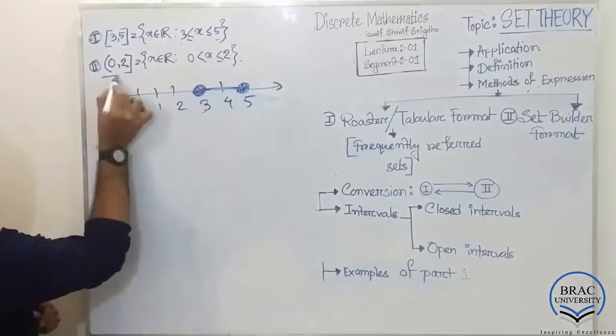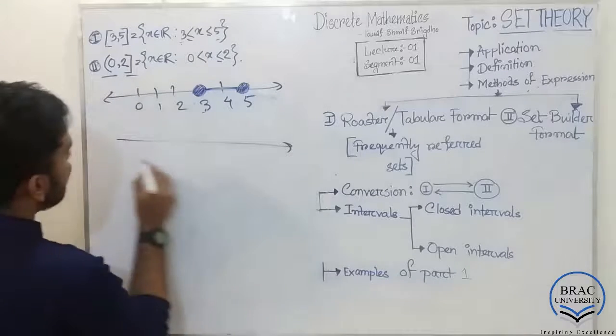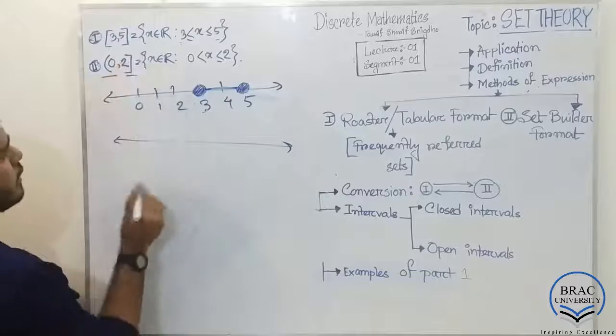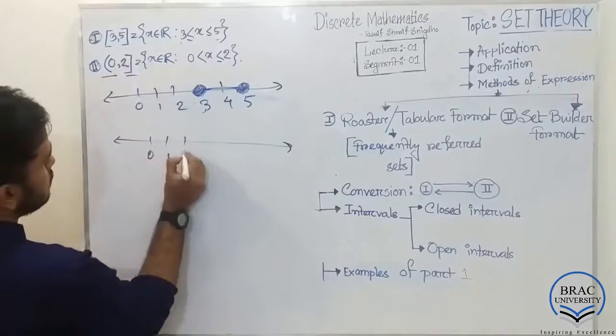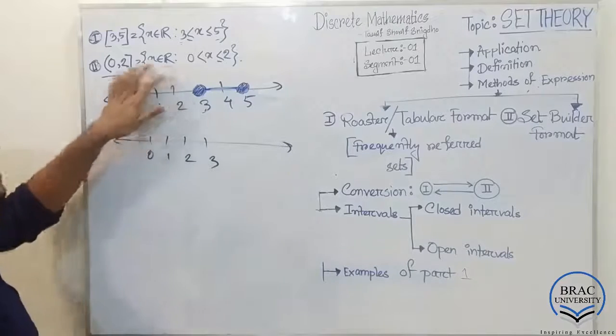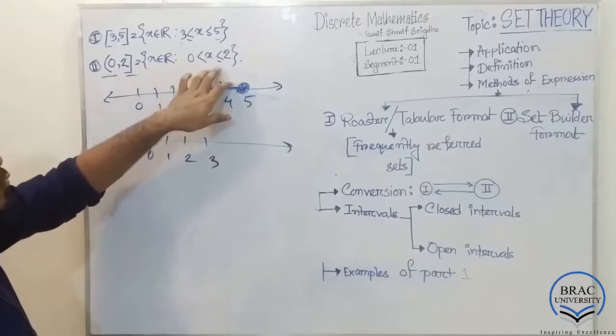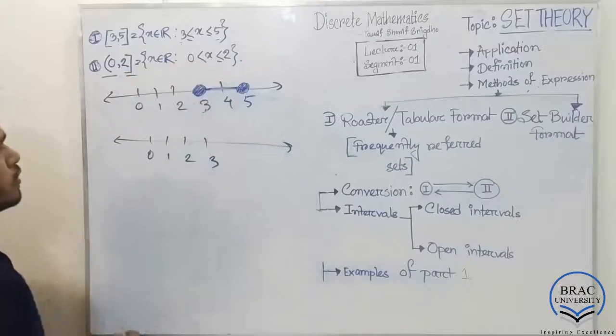And let's see, here we have an open interval and closed interval here. So how do we express this in a number line? 0, 1, 2. So here any element of this set can be greater than 0 and it will be less or equal to 2.